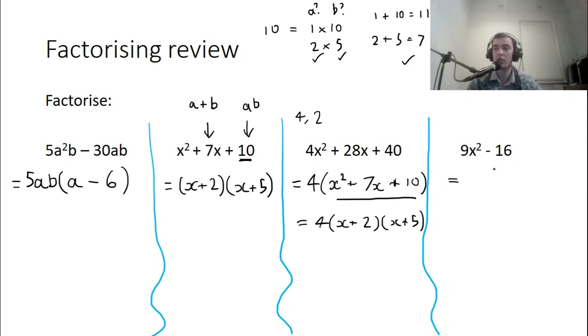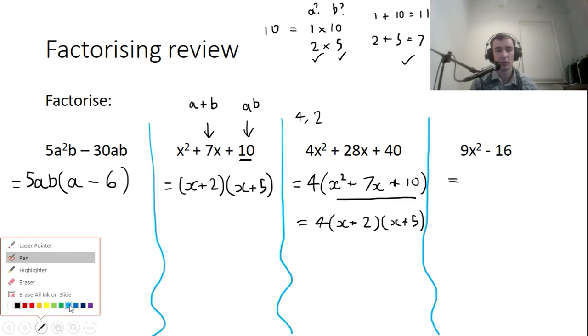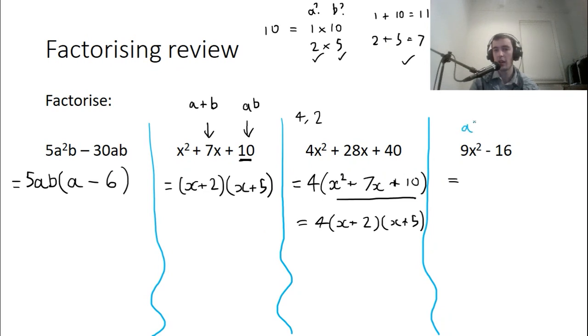And so we have to do, hopefully you saw the last video, using difference of perfect squares, where what we did was we wrote a little a squared and a little b squared up here.